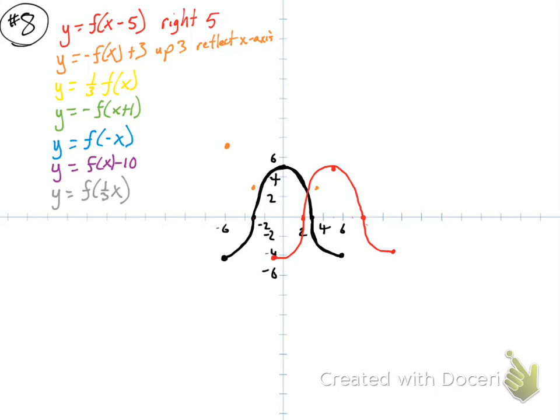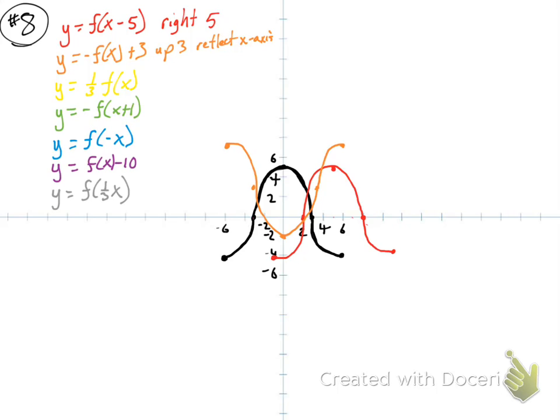This one goes to a negative 5 and then up 3, which would take me to a negative 2. And then this one here would mirror this one up here, where it's also up at a 7. And so then I have the same function just upside down now, and moved up, right? So up 3 and upside down.